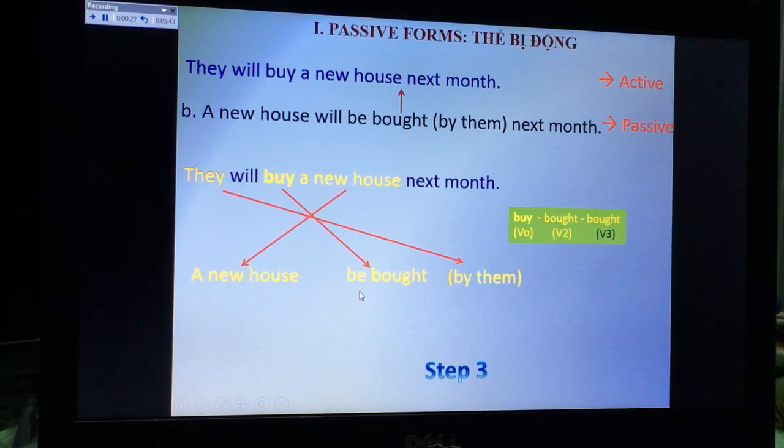So we don't change be here. We just put will before be. And then next month, we bring it to the new sentence. So look at it. It looks like sentence B. A new house will be bought by them next month.